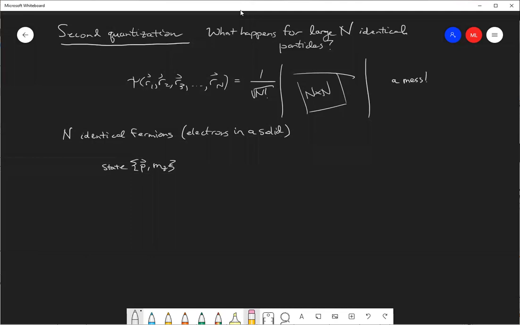They'll fill them up, and so the largest occupied energy state can actually be quite large, and that's called the Fermi level.